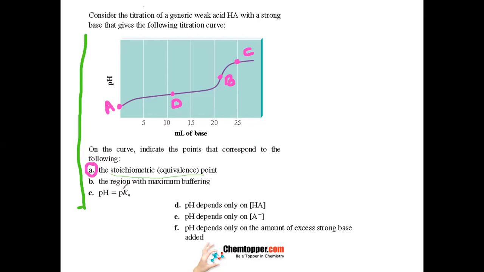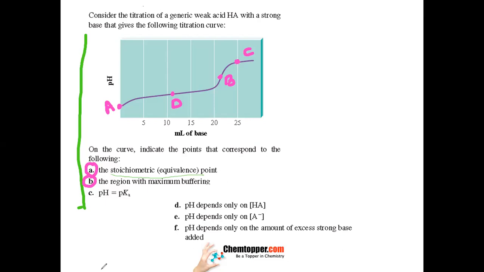Sami, Partha, is he right? That's the equivalence point, right? Equivalence. Yeah. Okay. The region with maximum buffering, the buffer capacity, you remember, pH equals pKa plus or minus 1. So which region is of maximum buffering, best buffering?